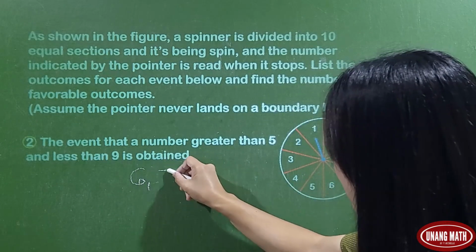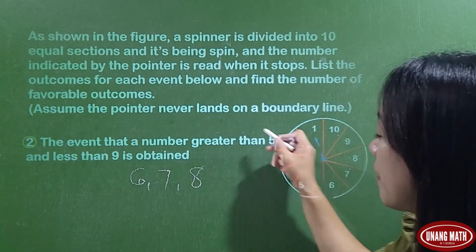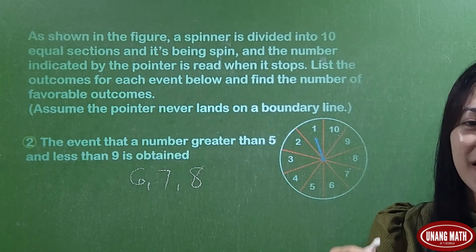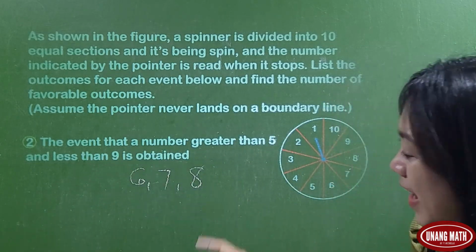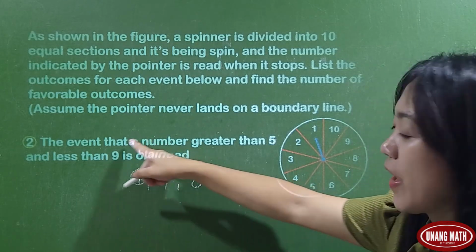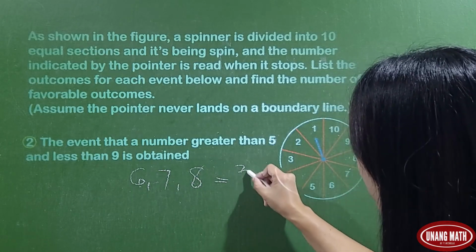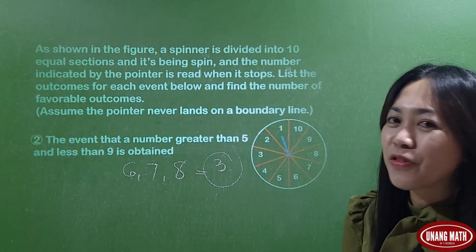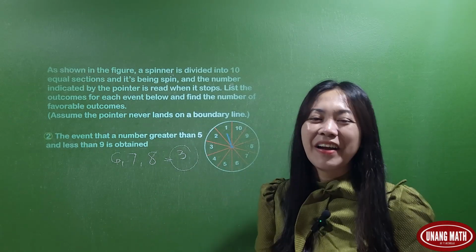What else? 7 and 8. 5 and 9 are not included because it's greater than 5 and less than 9. So we have 6, 7, 8. These are our favorable outcomes. So 1, 2, 3. We have 3 favorable outcomes in this condition or event.